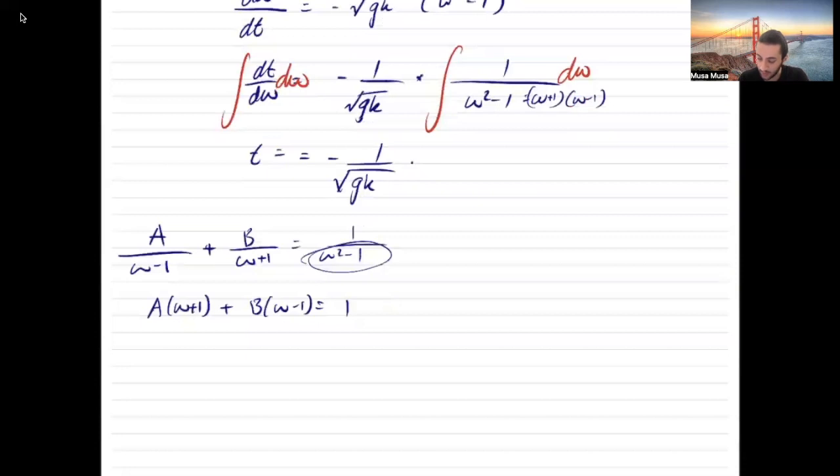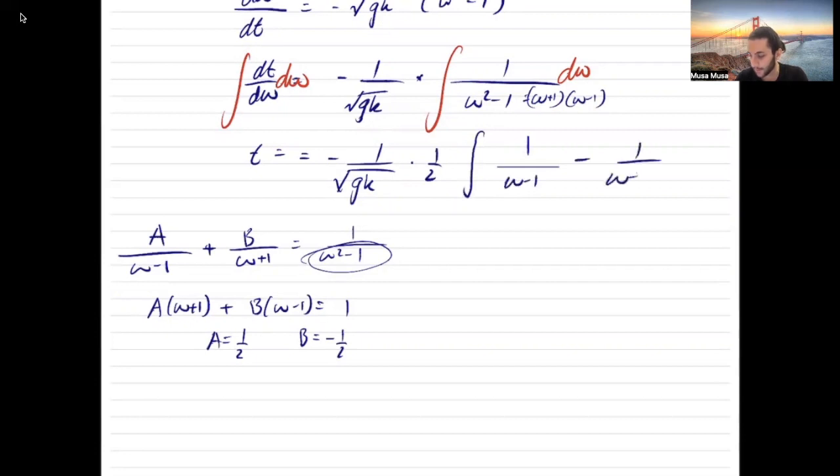Let w equal 1, we get a equals a half. Let w equal minus 1, we get b equals minus a half. Perfect. So that means I can take out a half from this entire thing, so we get a half, and the integral of the positive was on w minus 1, and the negative was on w plus 1, dw.